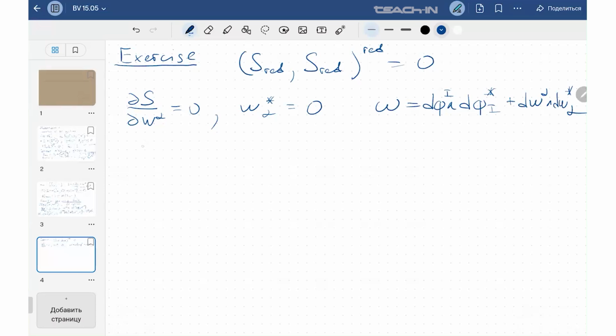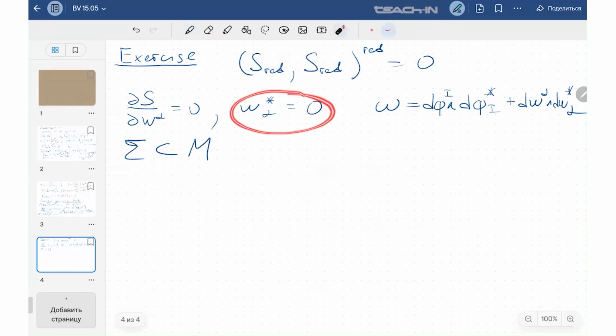So we have this surface, let's say sigma, in our field-antifield space. Of course we use phi and phi star, or more precisely their pullbacks to the surface sigma, as coordinates. And it's immediately clear, because w star equals 0 is one of the equations, that this term disappears and this remains unchanged in this coordinate system.